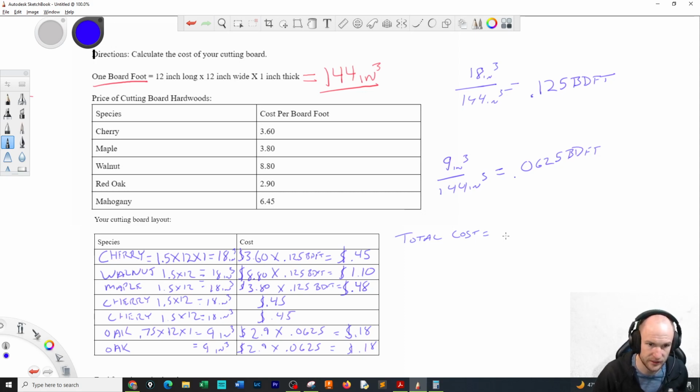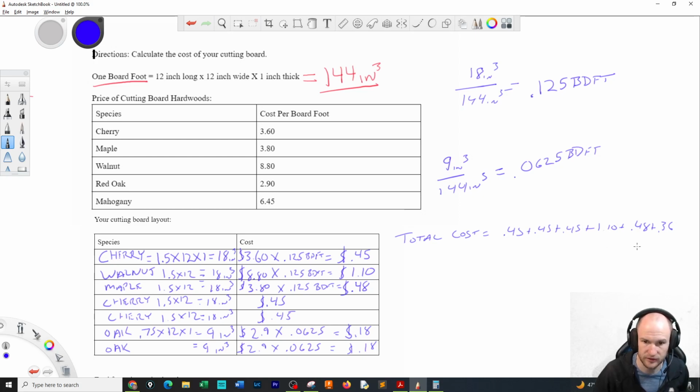So it would be 0.45 plus 0.45 plus 0.45 for the 3 cherries, plus $1.10 for the walnut, plus 48 for the maple, and then 18 cents a piece for the oak.